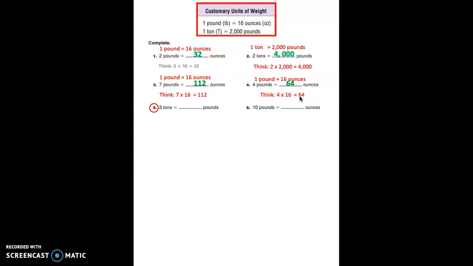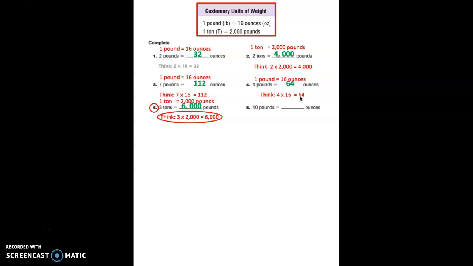Number 5, 3 tons equals blank pounds. Remember, 1 ton equals 2,000 pounds. So 3 for 3 tons times 2,000 pounds equals 6,000. So 3 tons equals 6,000 pounds.